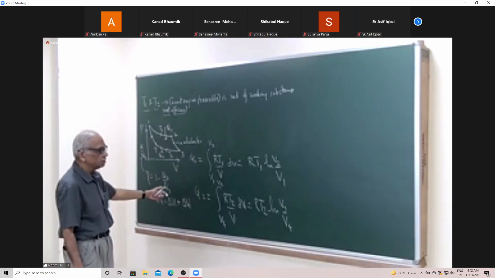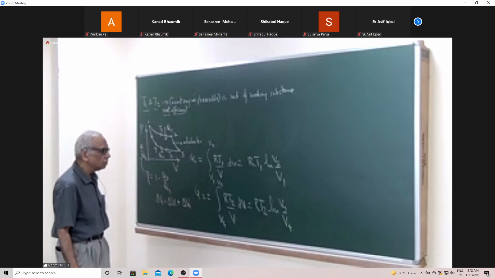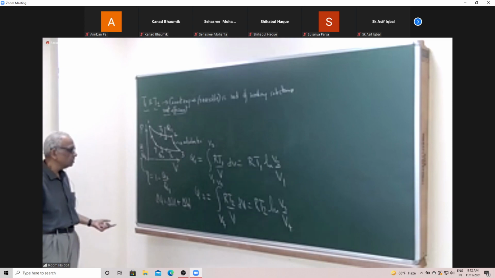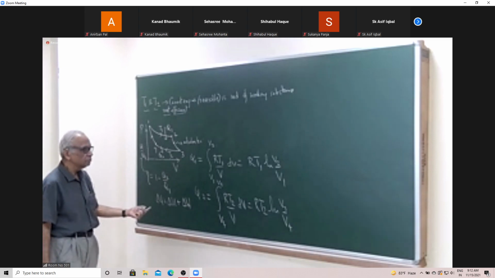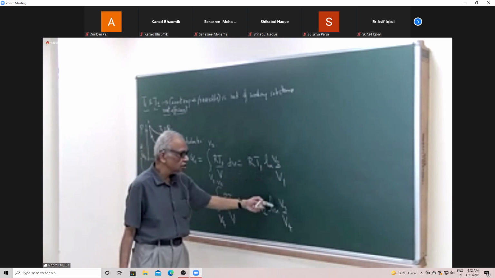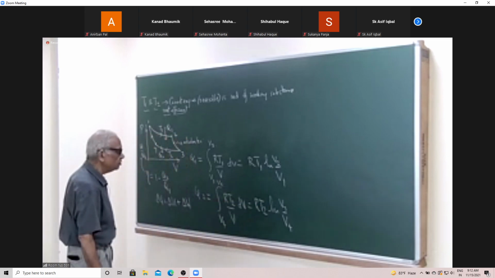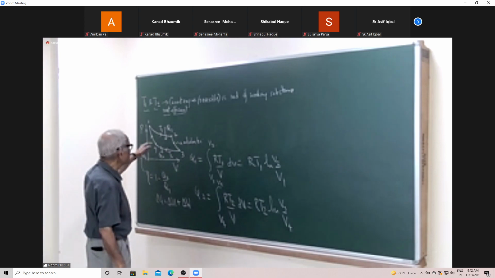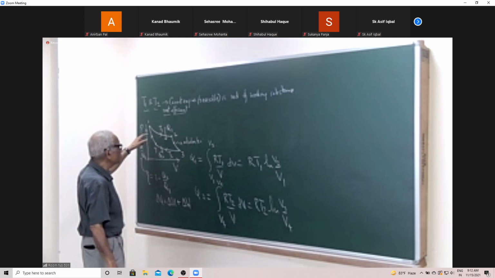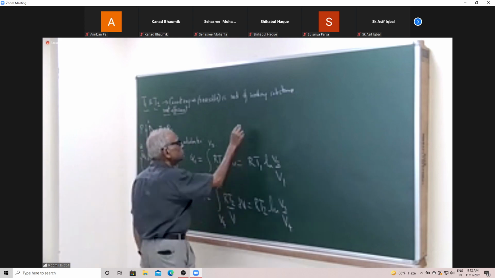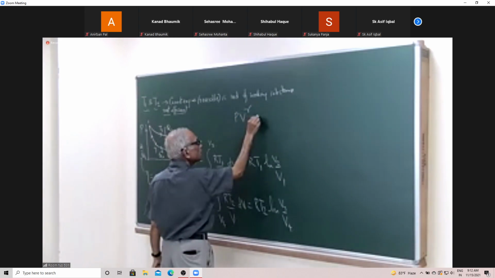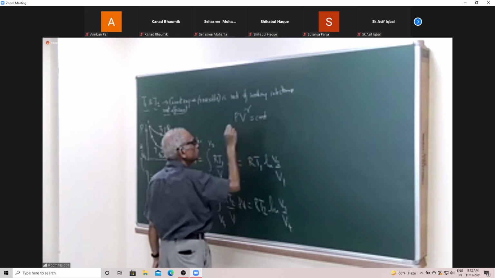Where we were was that there was one final step to be taken: one had to show that this V2 over V1 and V3 over V4 are the same. So one had to worry about the processes going on over here. It's an adiabatic process, so PV to the power gamma equals constant.